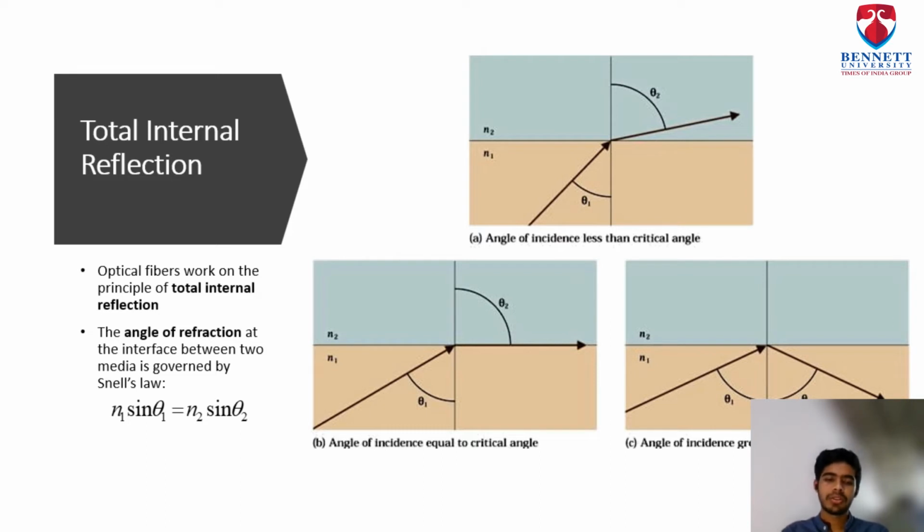The phenomenon is known as total internal reflection. The angle of refraction at the interface between two media is governed by Snell's law, which is n1 sin theta 1 equals n2 sin theta 2, where n1 and n2 are the refractive indices of the media, theta 1 is the angle of incidence and theta 2 is the angle of refraction.